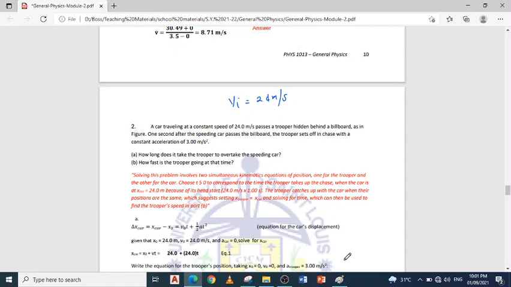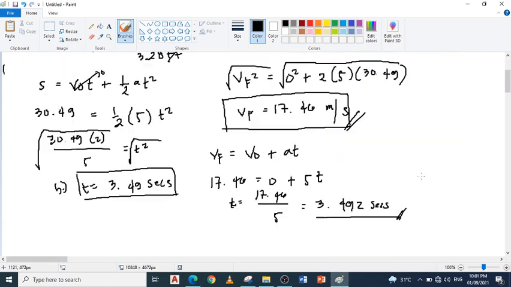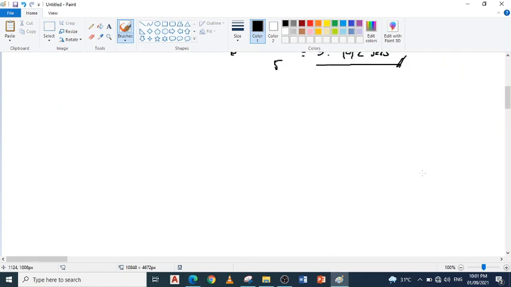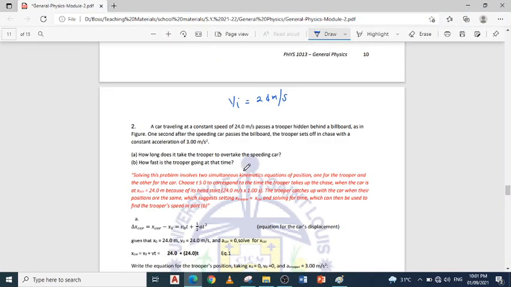So, yung drawing niyan is ganito. Yung mga tinatanong car at saka yung trooper. Say this is the billboard. Okay?